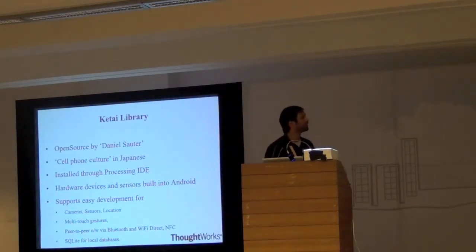It supports hardware devices and most of the variants of Android, but since processing has this limitation of 2.3.3 as an Android, when you have your SDK, you need to have that as well.